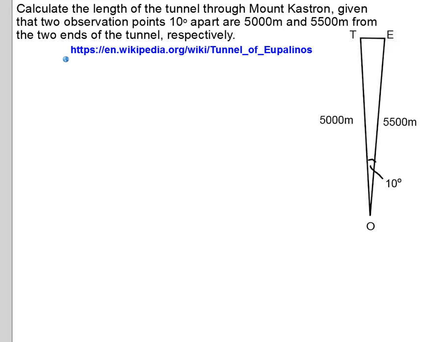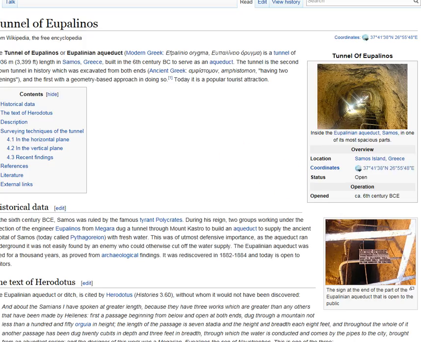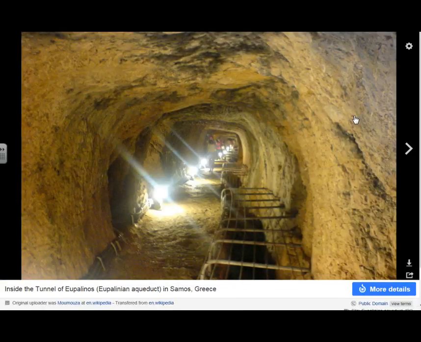It's a well-known location over near Greece. A lot of tourists go there, and this tunnel was basically dug through a mountainside. It's called the Tunnel of Eupalinos, and there are some nice pictures on the internet that show this. Okay, so here's the tunnel.